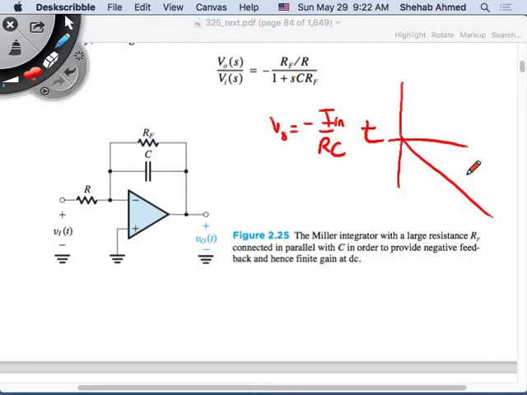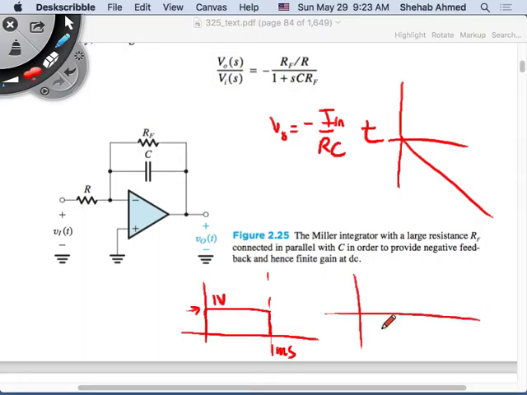Now they're telling you that I am putting in a pulse that has a duration of 1 millisecond and a height of 1 volt. That's my input voltage, right? So what do we expect the output to be during this time, up to 1 millisecond, with only a capacitor and no resistor?